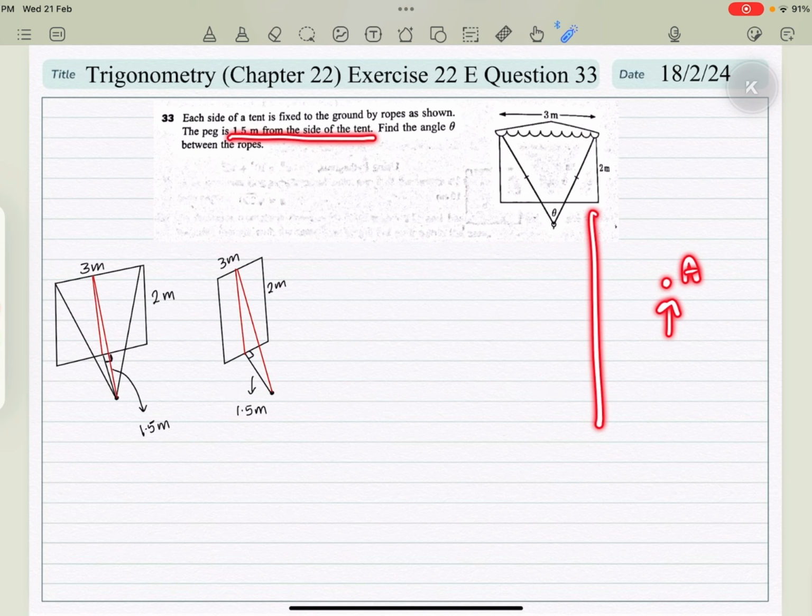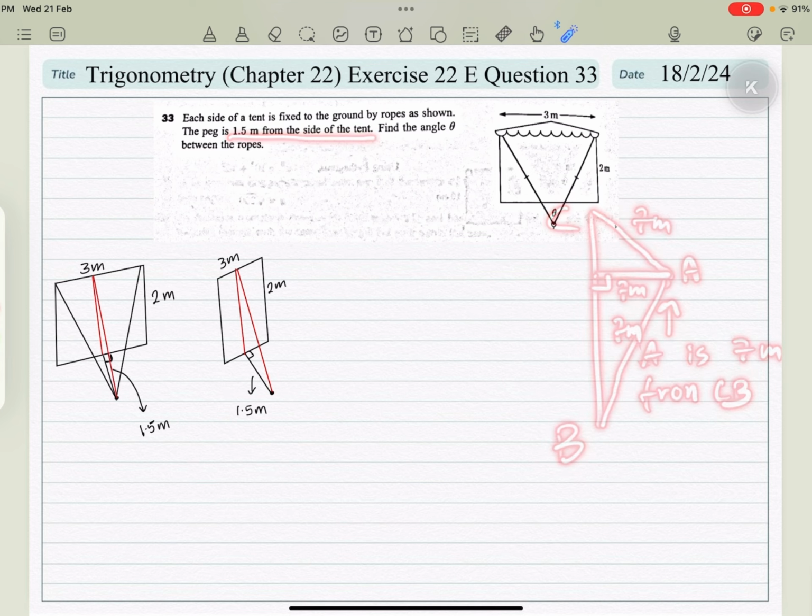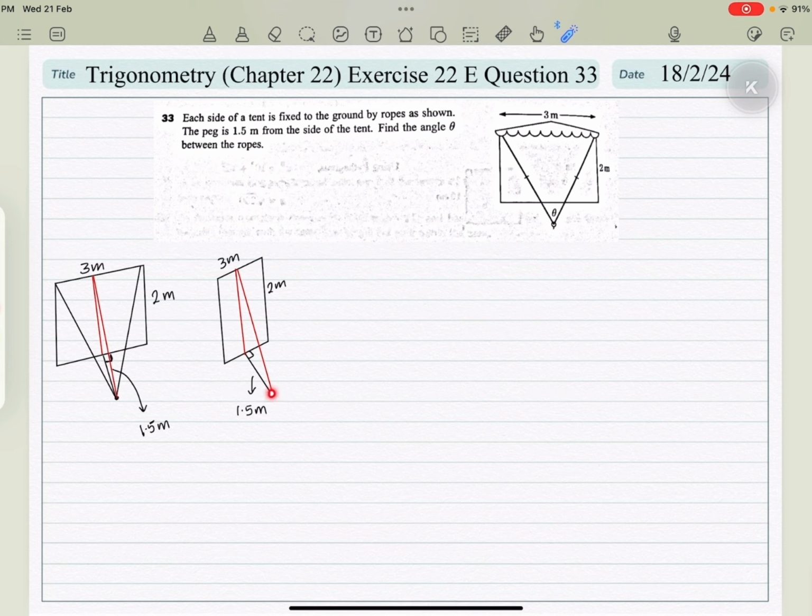If we say that A is 7 meters from CB, then we don't mean that this is 7 meters. We neither mean that this is 7 meters. We mean that a line perpendicular to BC from A is 7 meters. This is 7 meters. Likewise, when we say that this is 1.5 meters, we don't mean that this is 1.5 meters. We don't mean that this is 1.5 meters. We mean that this is 1.5 meters.